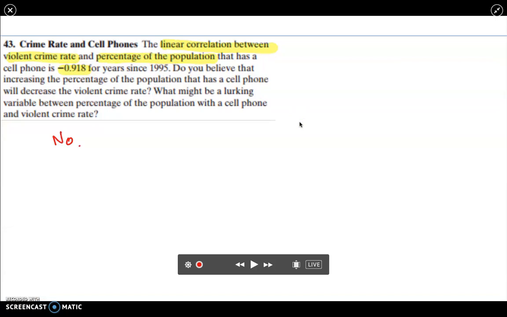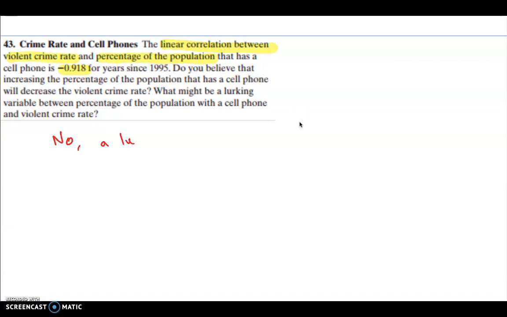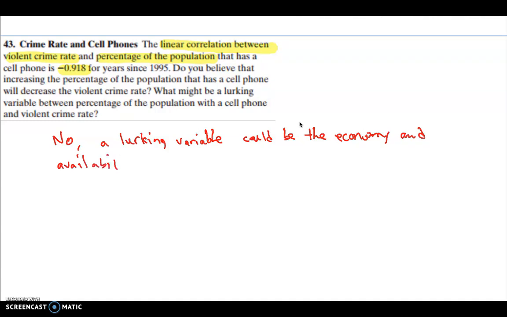A lurking variable just means something that could be happening in the background. One lurking variable could be the economy and the availability of cell phones.